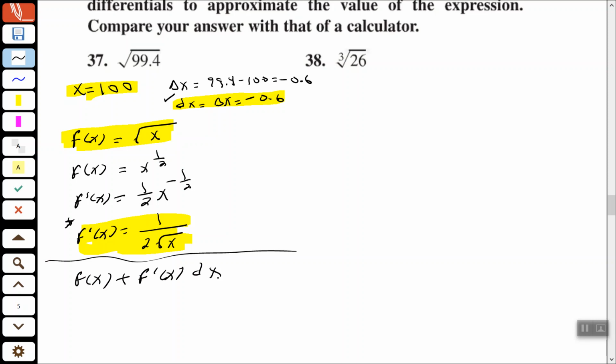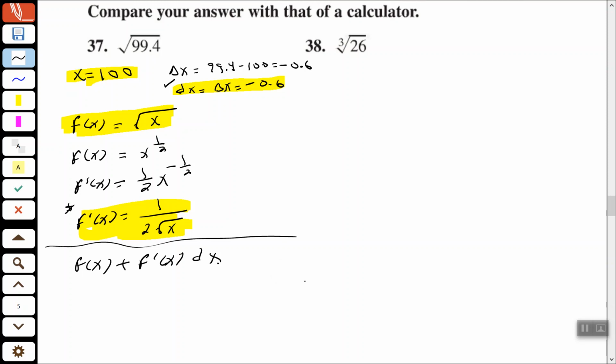So f of x is the square root of 100, where x is equal to 100. F prime of x is 1 over 2 times the square root of x, so 1 over 2 times the square root of 100. And then dx is equal to the change in x, or negative 0.6, so times negative 0.6.